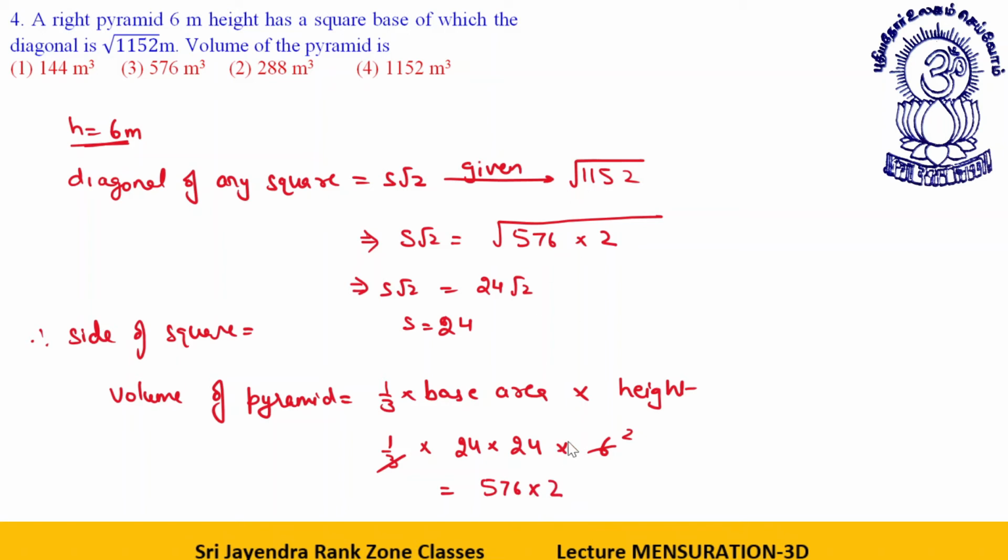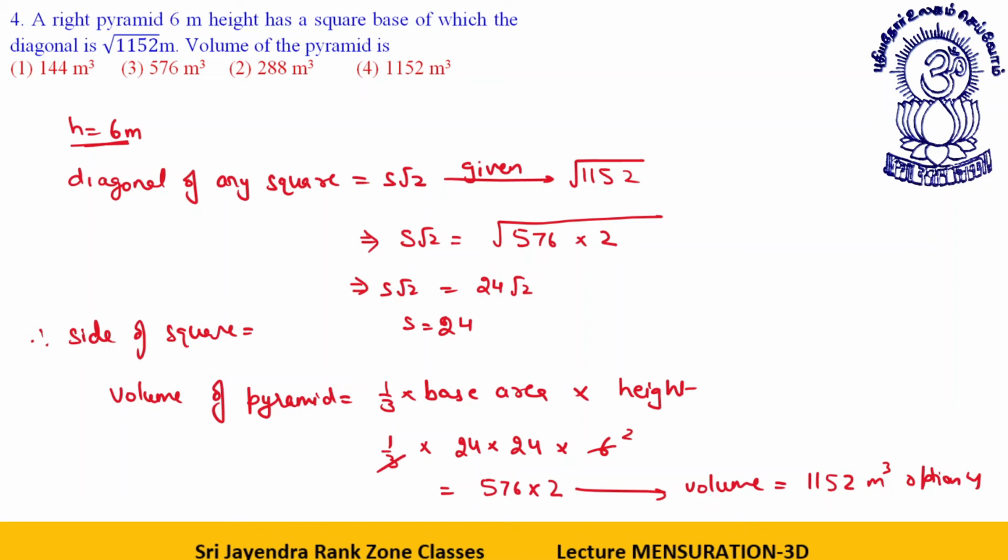This is actually 1152. Volume is equal to 1152 meter cube. That is option number 4 is your answer.